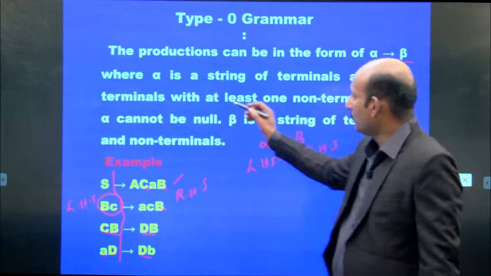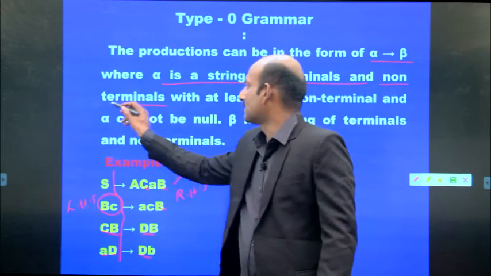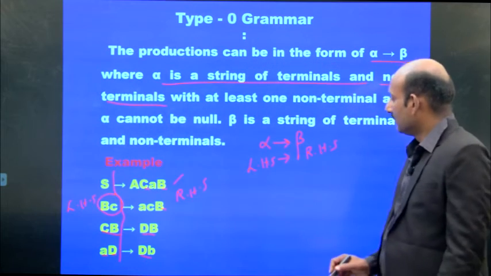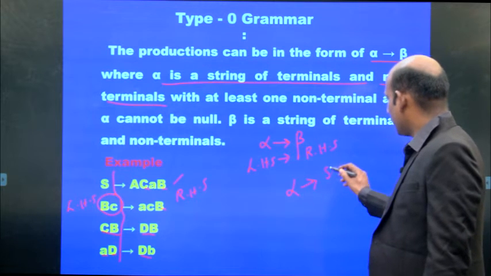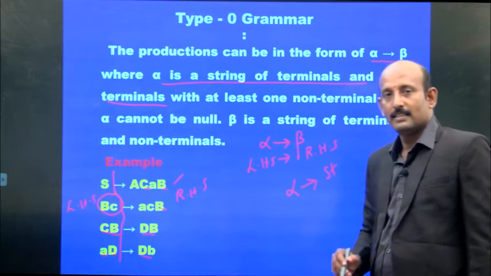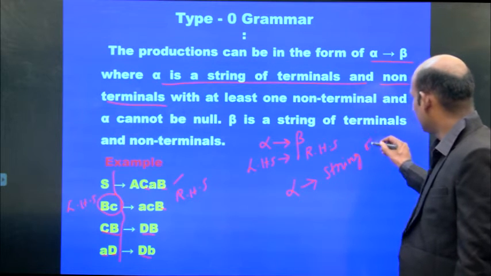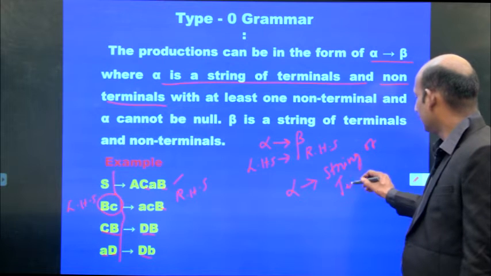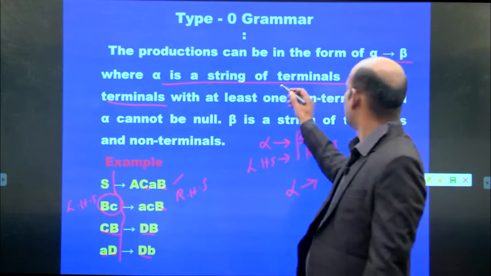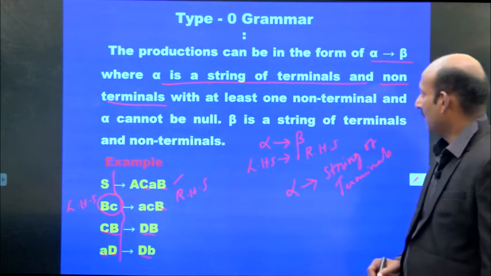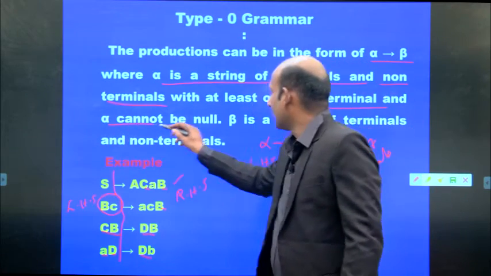Alpha is a string of terminals and non-terminals with at least one non-terminal, and alpha cannot be null.